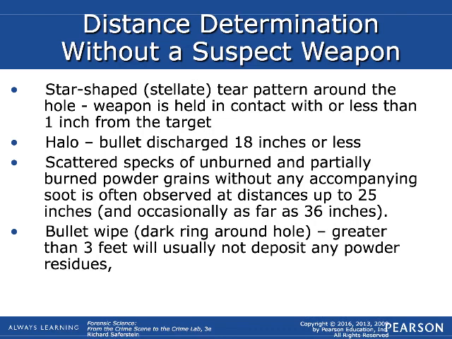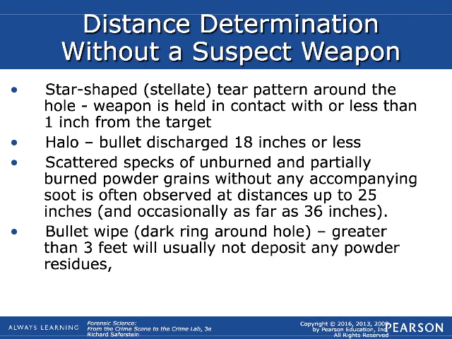Okay, so it makes a star-shaped tear if it's really, really close, so if it's touching or if it's 1 inch away. Now, you can get a halo if the bullet's discharged 18 inches away or less, so it forms like a halo around where the hole is.